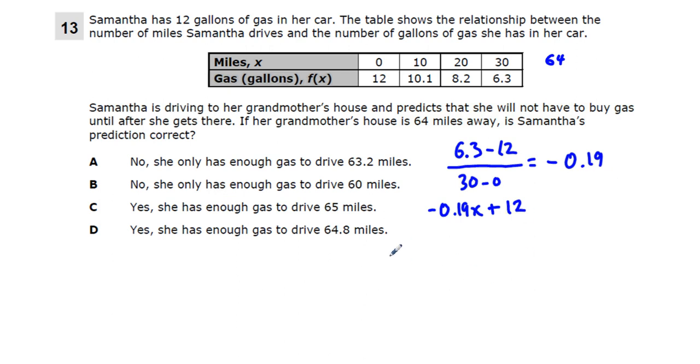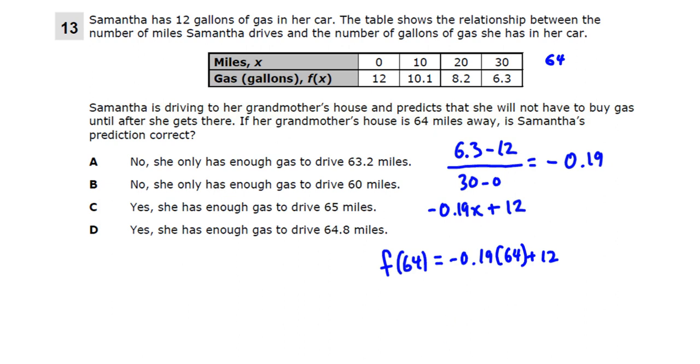And so f of 64 is going to be negative 0.19 times 64 plus 12.